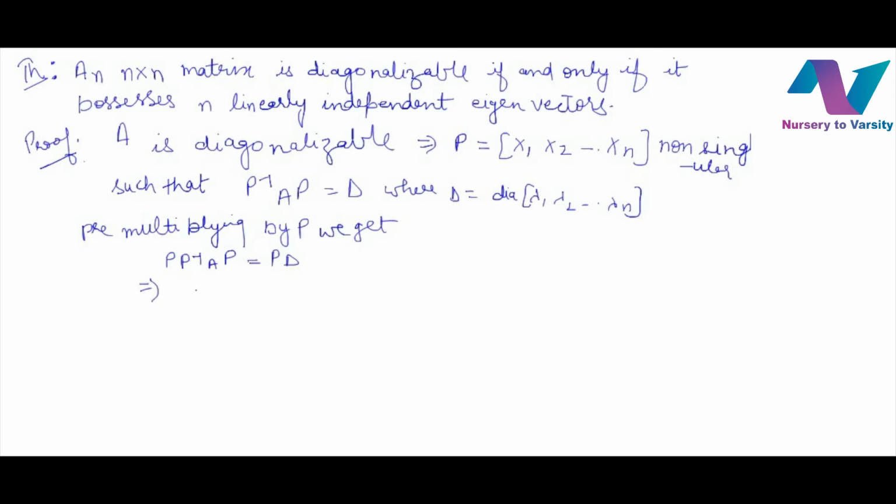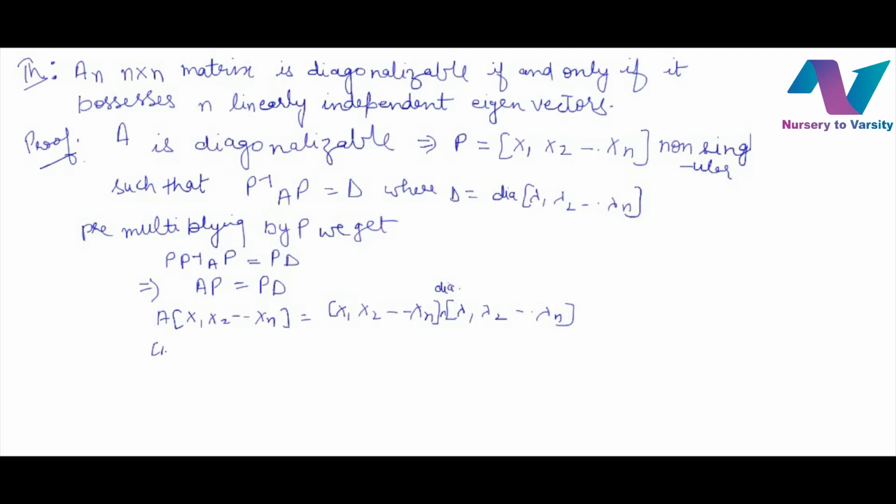This implies AP is equal to PD, or we can write A into x1, x2 up to xn is equal to x1, x2 up to xn into the diagonal matrix lambda 1, lambda 2 up to lambda n.